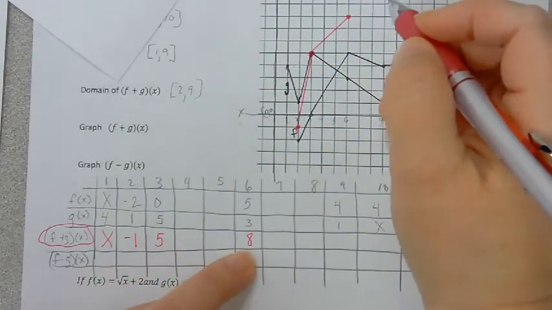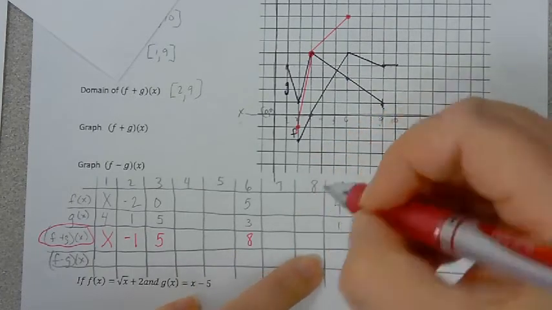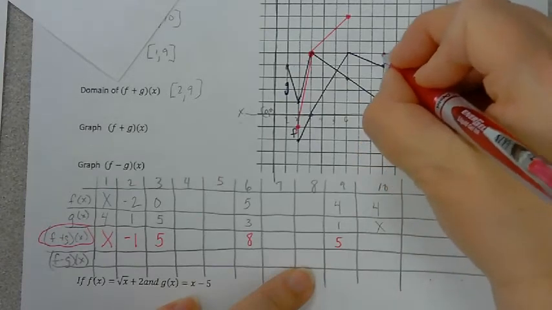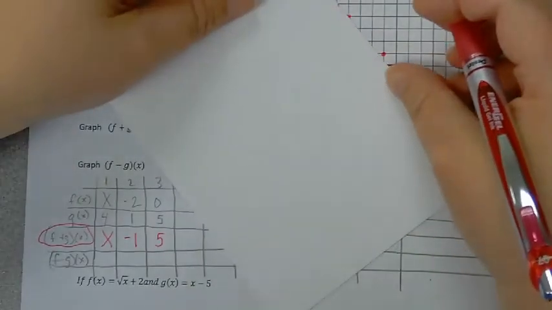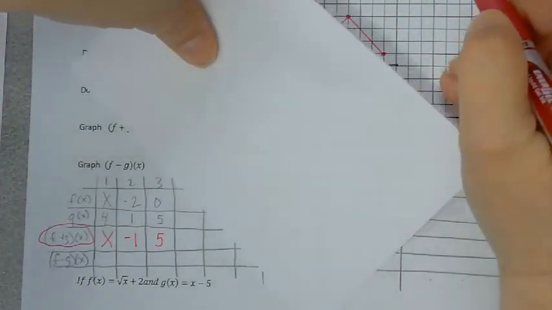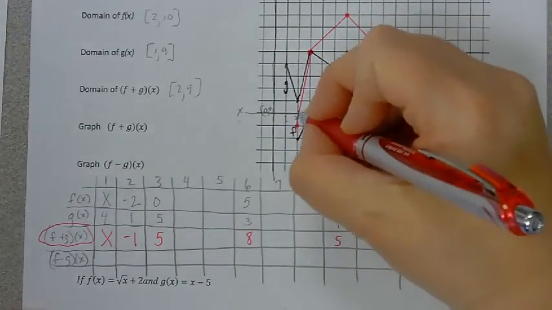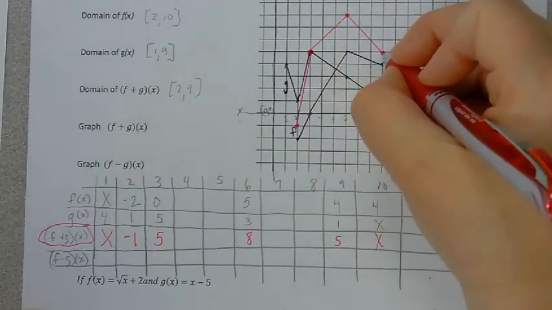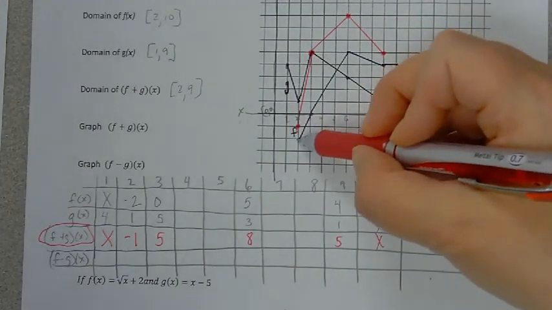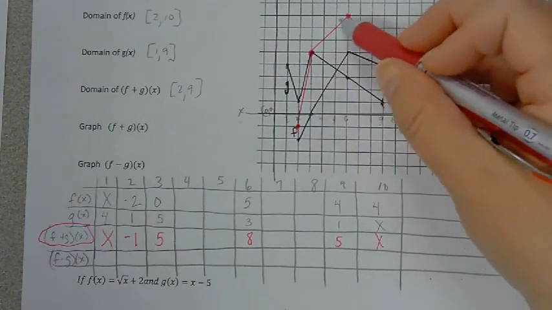Okay, and then 6, 8 was there. I'm not sure at 7, I'm not sure at 8, but at 9, 4 plus 1 is 5. So it looks like this. And then I can't connect those. So this is my new function of f plus g. And you wouldn't have to fill out this chart. You could just do, okay, f is at -2, g is at 1, so when you add those together, you get -1. And so on like that.